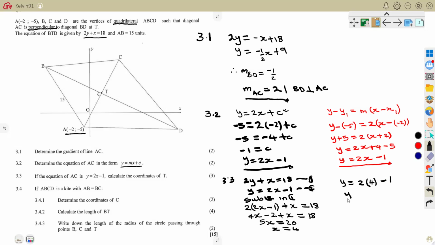So the y value is equal to 7. Therefore, the coordinates of T can now be given as (4, 7).